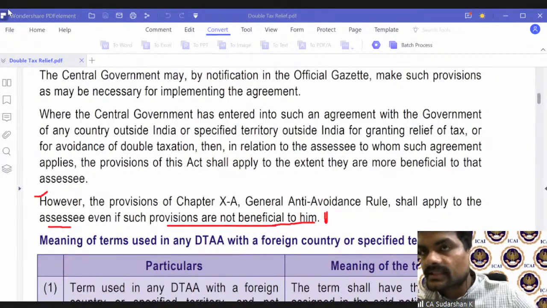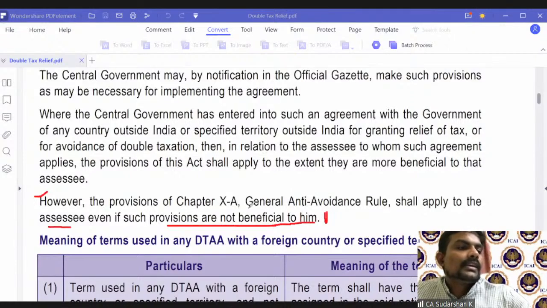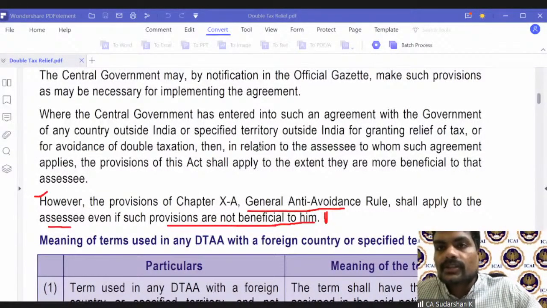So, which means treaty override is possible. So, the assessee cannot choose treaty if it is a GAAR invoking mechanism. That is, provisions of chapter 10A can be invoked. An assessee cannot claim shelter under section 90 subsection 2. So this is a very significant mechanism.